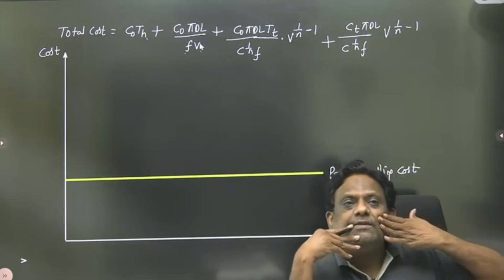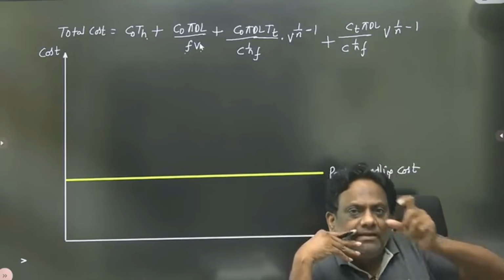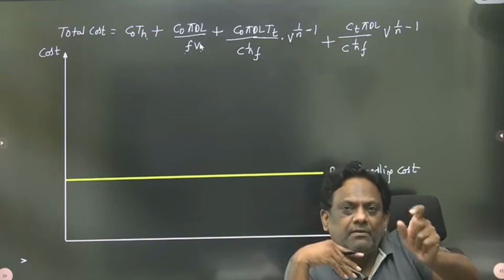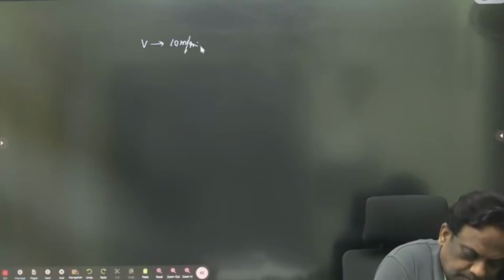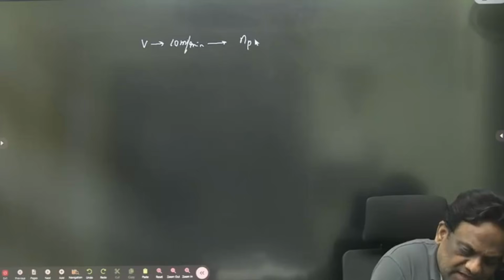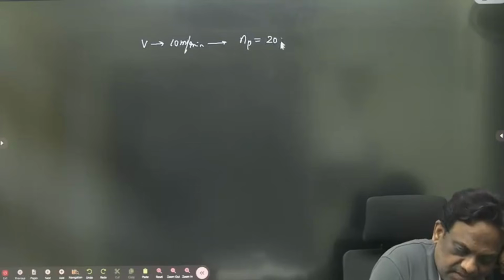What do you mean by machining cost, sir? For that labor, for example, इधर देखो. नहीं है समझ में? I'll explain sir, don't worry. Let us say at a velocity of 10 meter per minute, he is manufacturing some 20 pieces.